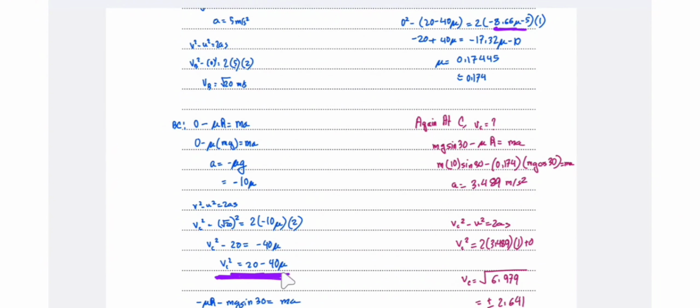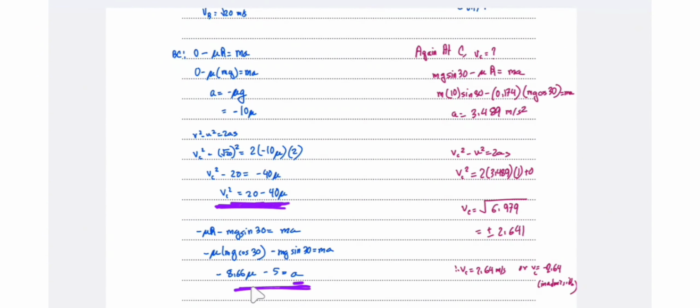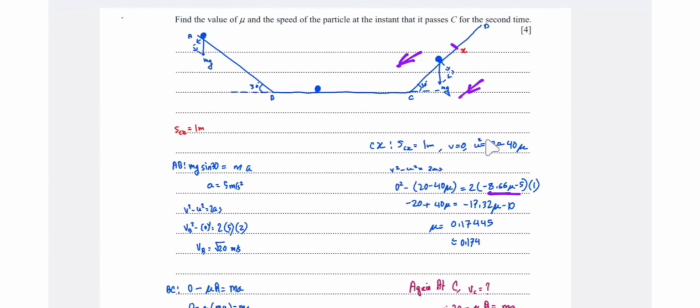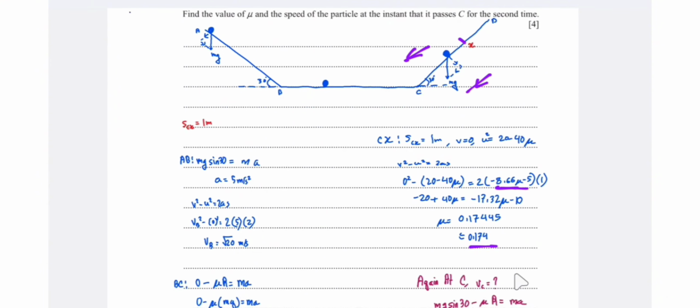We have given the value of u square, that is 20 minus 40 mu, is equal to 2 times the acceleration, so we have substituted the value of acceleration in this equation, and the distance is 1 meter until it comes to rest. After substituting these values, we can easily find the value of mu, that is 0.17445, approximately 0.175, and it has no unit.